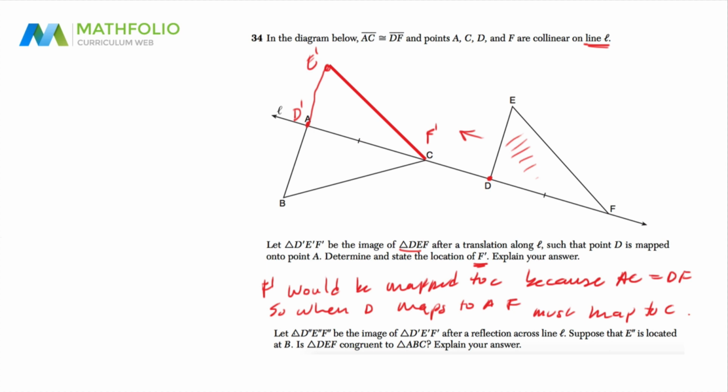Okay, next it says let D double prime, E double prime, F double prime be the image of D prime, E prime, F prime after a reflection across line L. Suppose that E double prime is located at B. Well, that is actually what would happen.